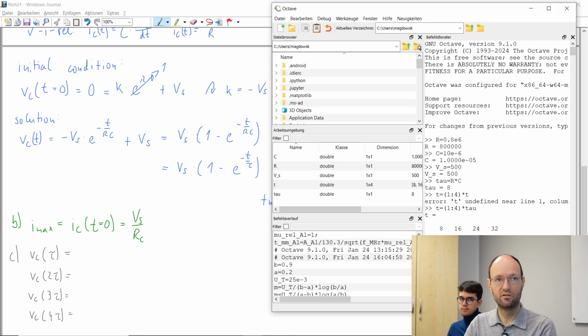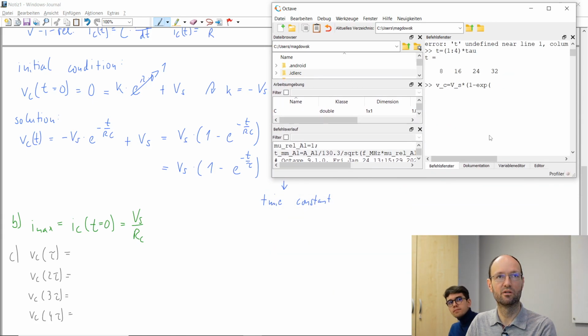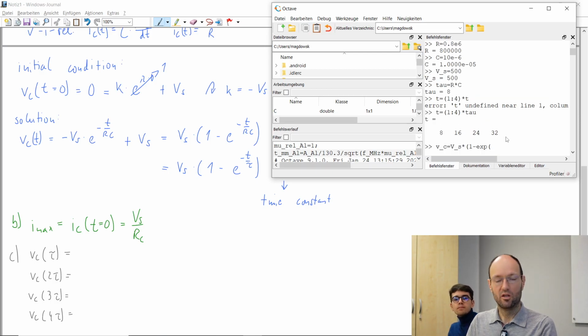So Vc equals source voltage multiplied with 1 minus exponential function, and I think I need to move this up a bit so it's not hidden behind my camera window, minus t divided by tau. And I think this should work.